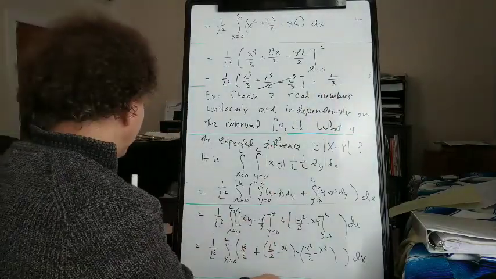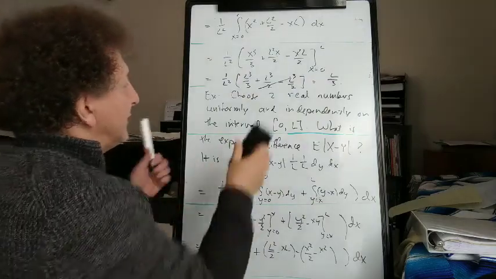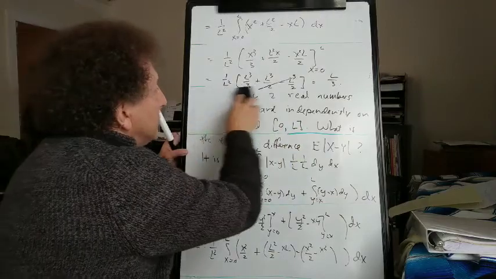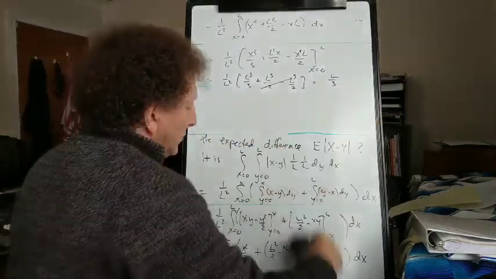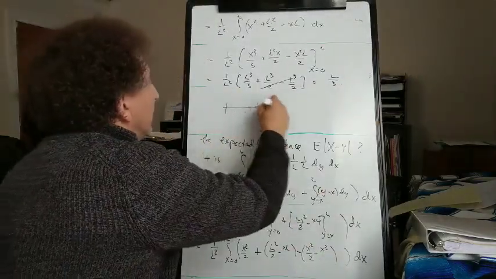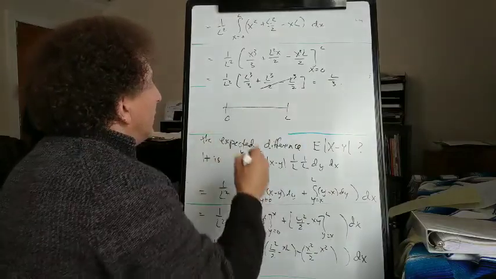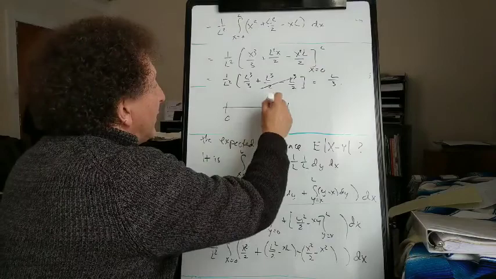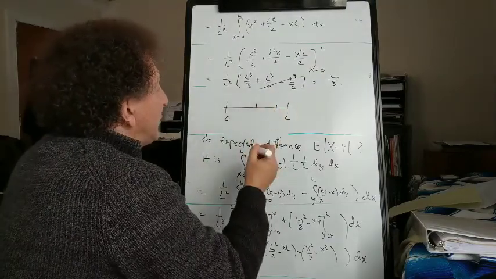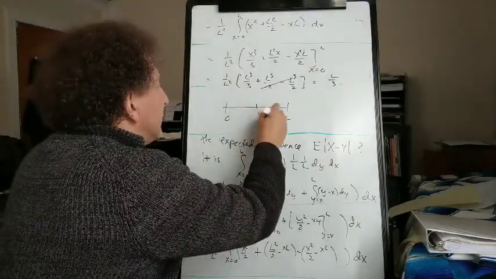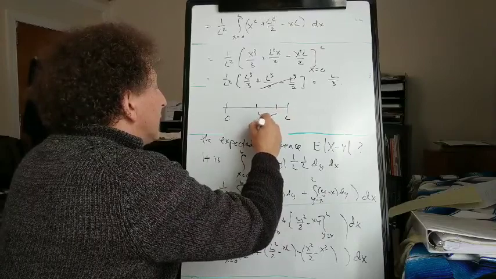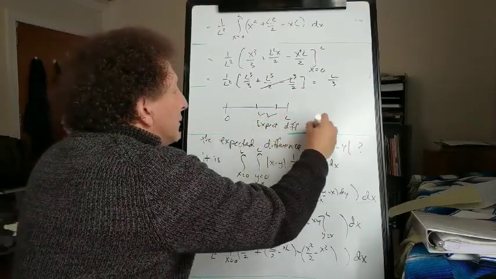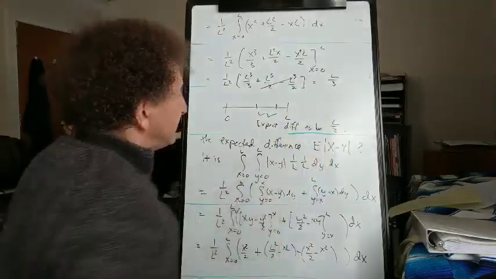Alright, so when we choose two real numbers uniformly and independently on an interval, we expect their difference to be 1/3 of that interval. So they're not necessarily spaced exactly here, but wherever they are, we expect the difference to be L over 3.